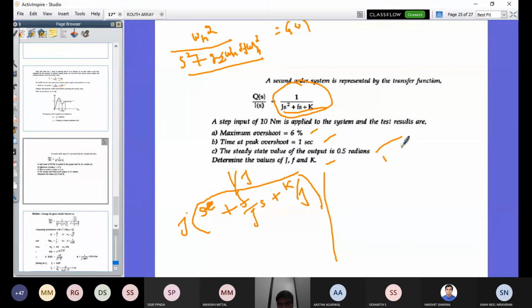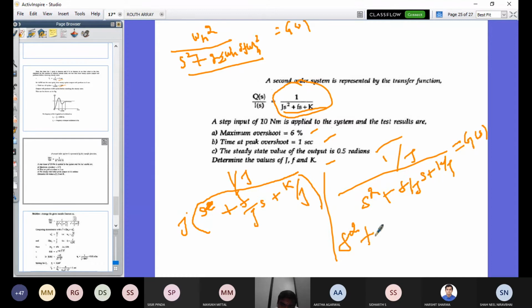So you'll get 1 by j divided by s square plus f by j into s plus k by j. Correct, dear? This is for g of s, that is, q of s by i of s. Any doubt in that?